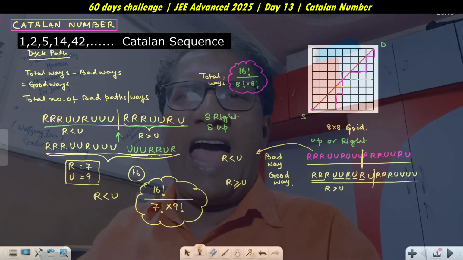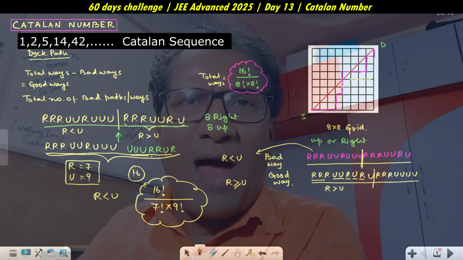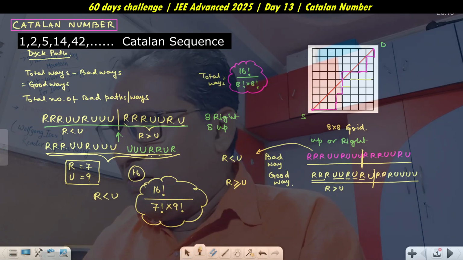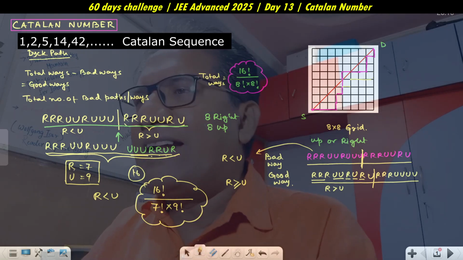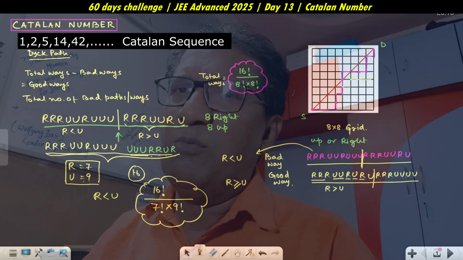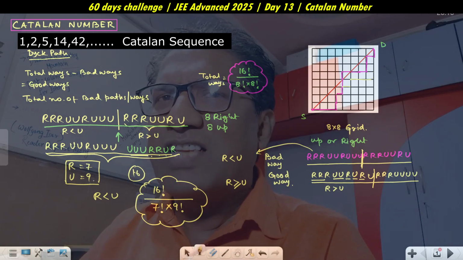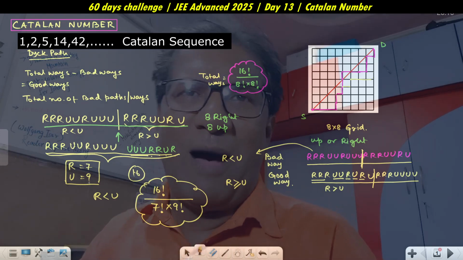For that, after interchanging the right and up movements on the right side of that bar, we will always get 7 right movements and 9 up movements. So these are the cases where the path is a bad path.